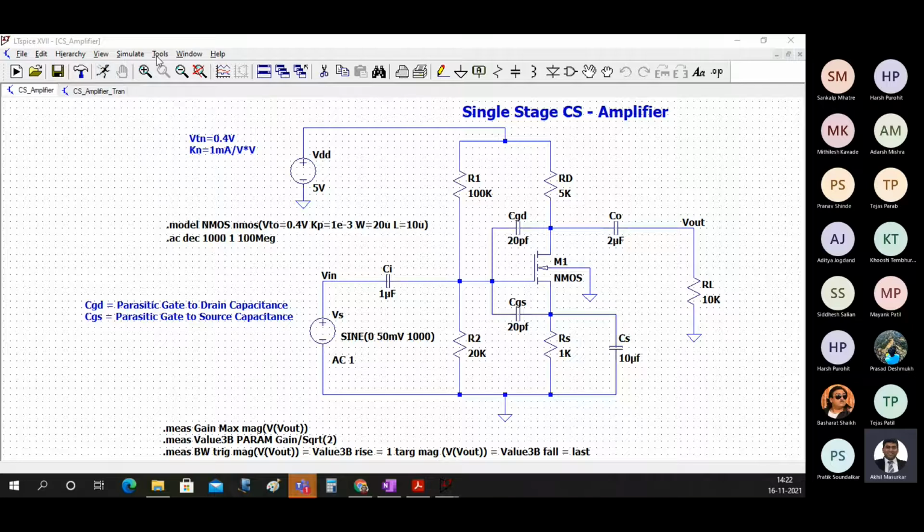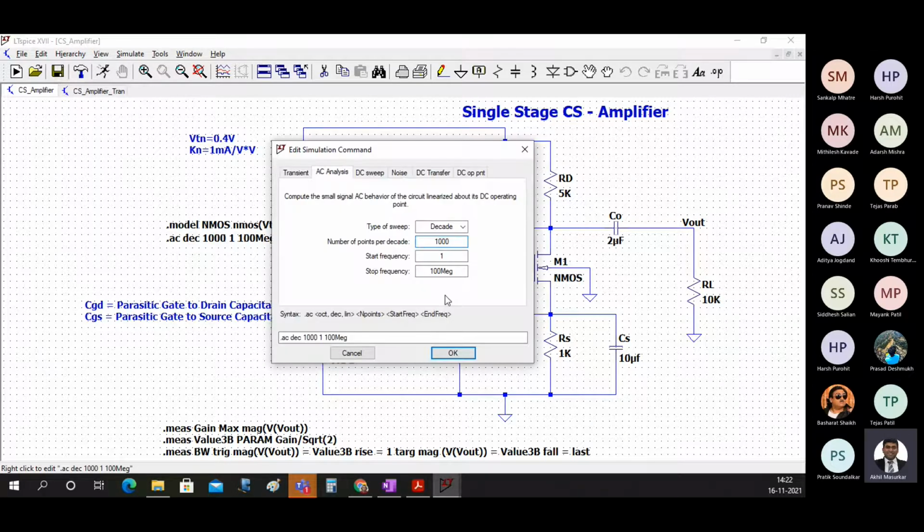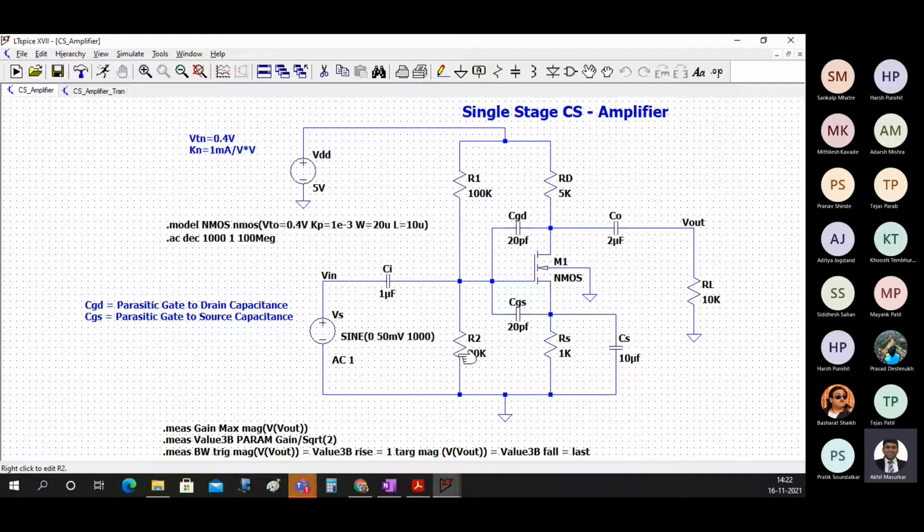Instead of dot tran, you will write dot AC and you will select decade, number of points per decade 1000, start frequency 1, stop frequency 100 megahertz and say OK.